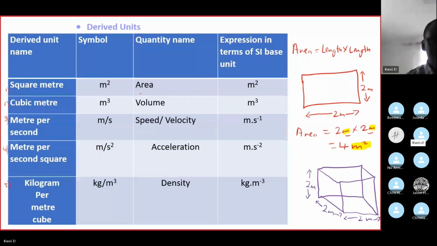Then we also have the meter per second squared. Meter per second squared is basically velocity divided by time, which is acceleration. Actually the change in velocity, which is still velocity, divided by time.